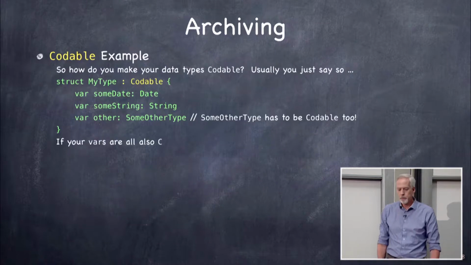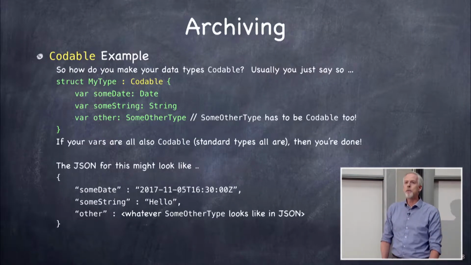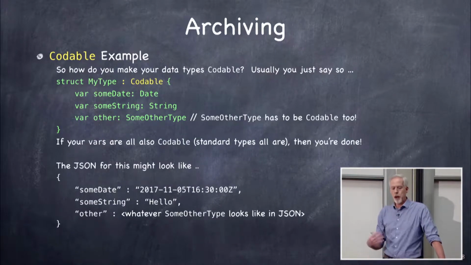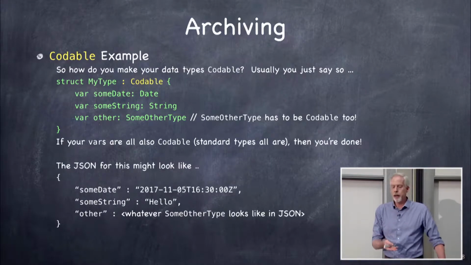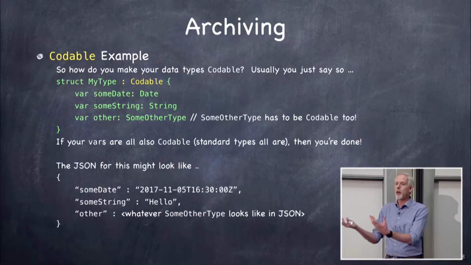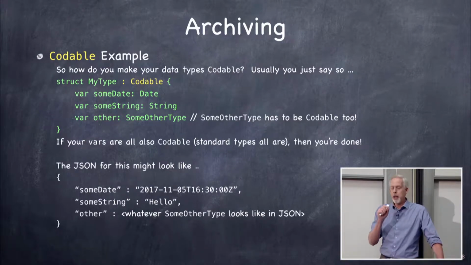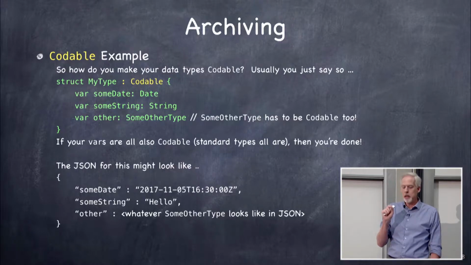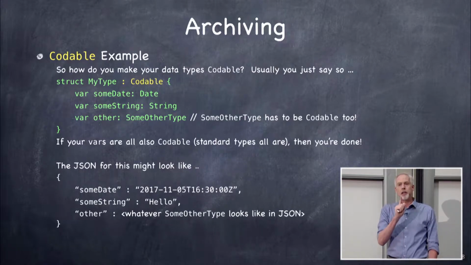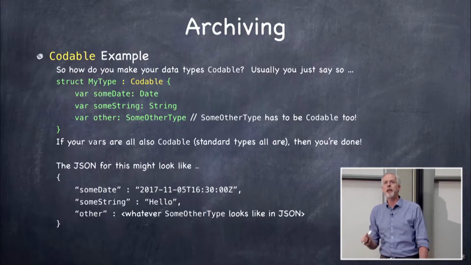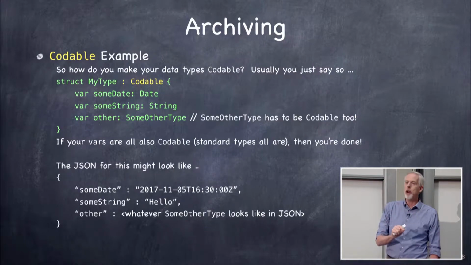Okay. All right, so let's look at an example of making something be codable. So I've got my struct MyType here, and it's got a date in it, a string, and then it's got some other var, which is some other type not shown here. And to make it codable, all I have to do is say : Codable. Okay? If I say that it's codable, then it is codable, unless it or something inside of it can't be coded automatically by Swift.